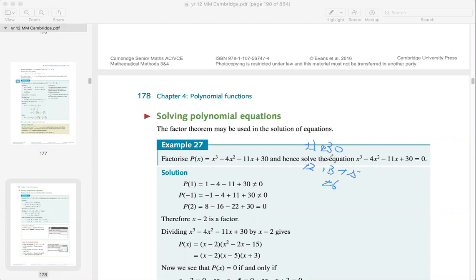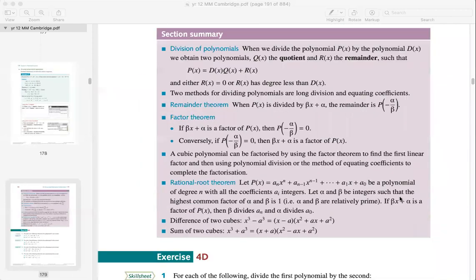So it's a lot. But normally we just try plus minus 1, plus minus 2, plus minus 3. Okay, to get the first factor. And then use long division or inspection to get the other factors. And that's it.